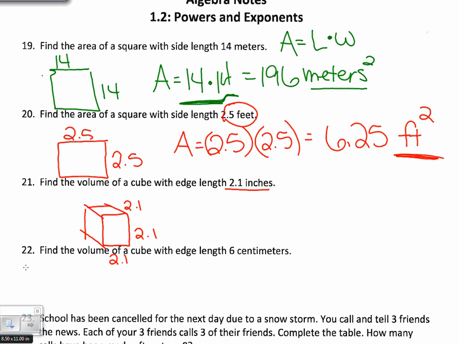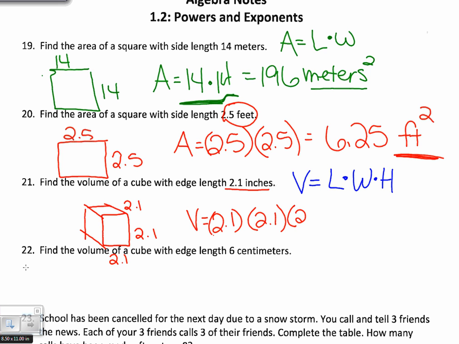So our formula for volume is length times width times height. And in a cube, we know that they're all the same. So for our problem here, volume equals, my length is 2.1, my width is 2.1, and my height is 2.1.